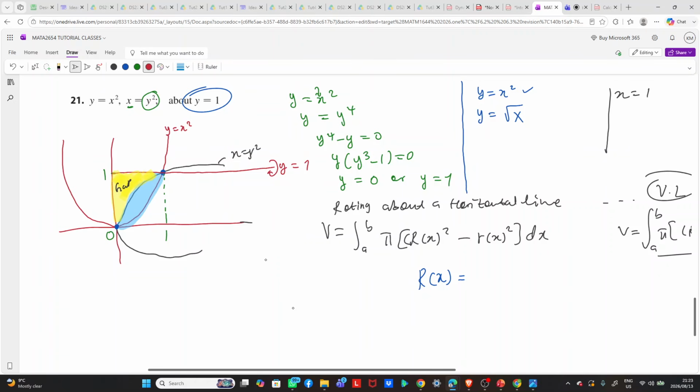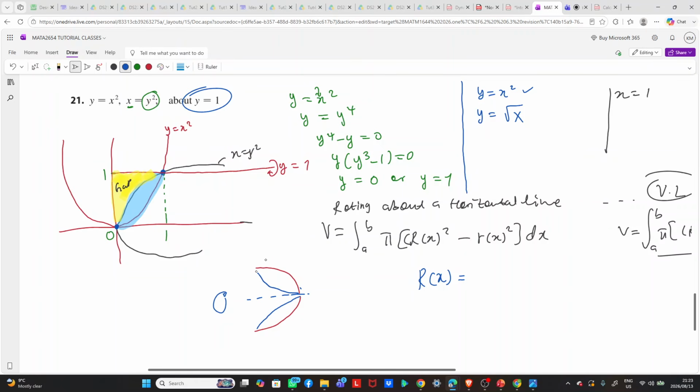Think about it. We have something like this, then something like that, and we have the axis of revolution. If we rotate like that, this function is going to come to the top like this red one after a full revolution, and the blue one will still be inside.